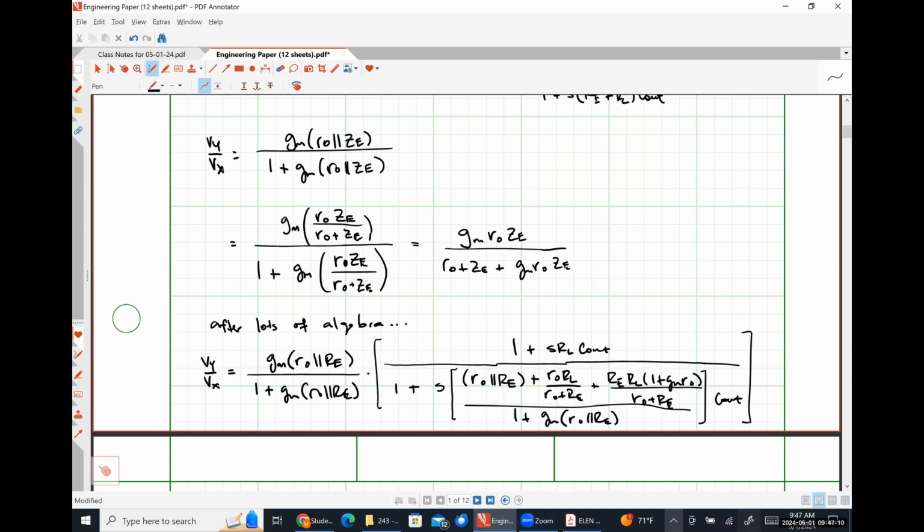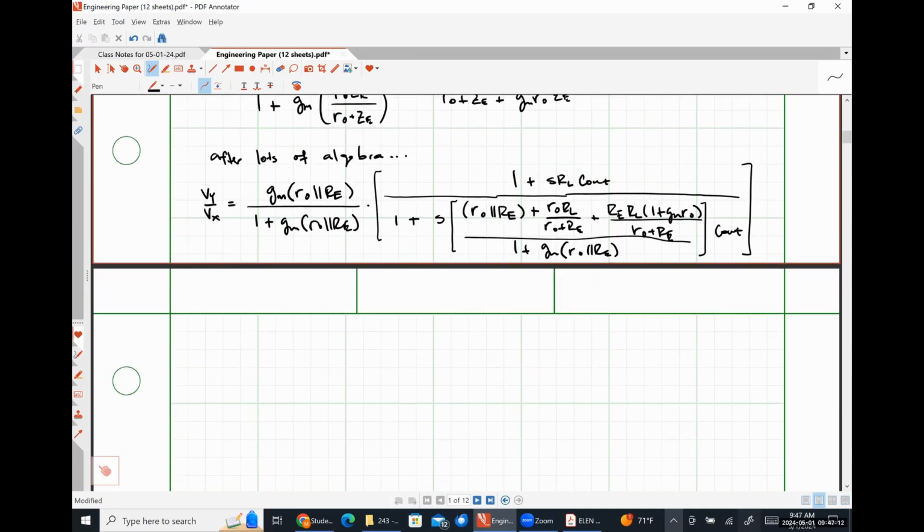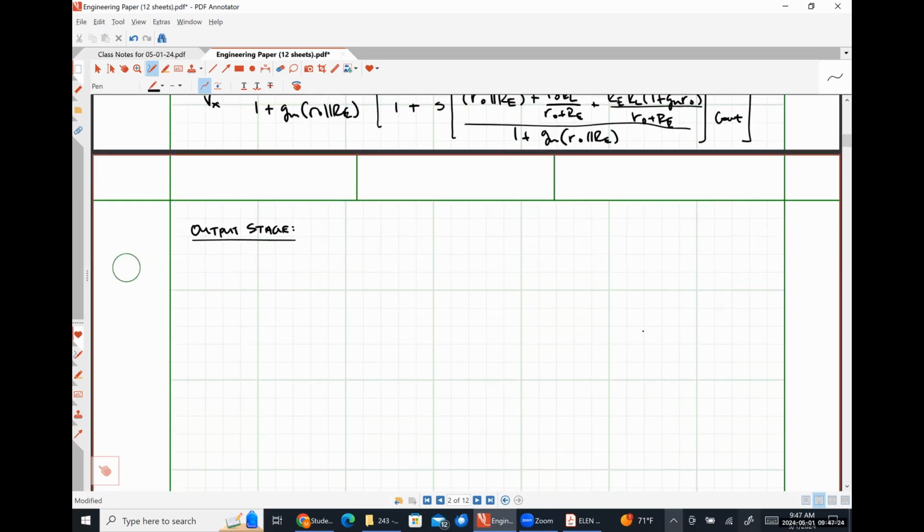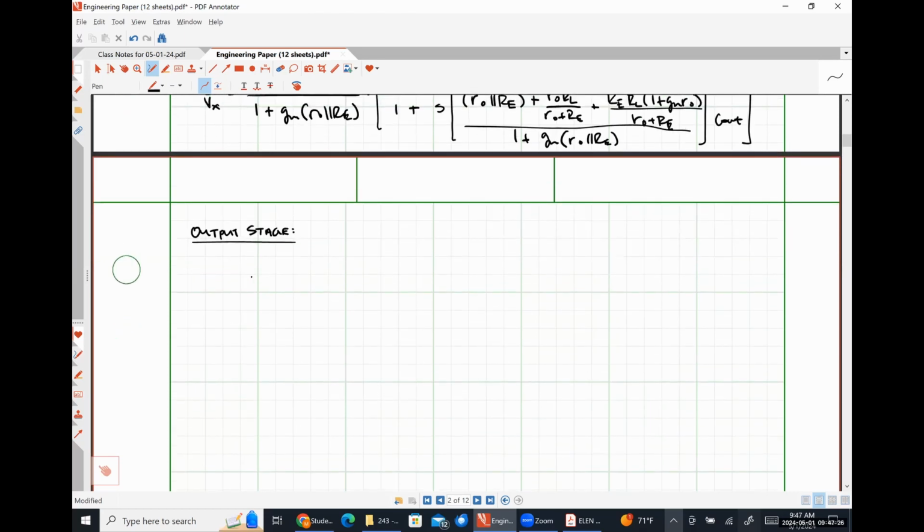For our output stage, we effectively have this network. So here's our voltage Vy, effectively the output of our amplifier stage.